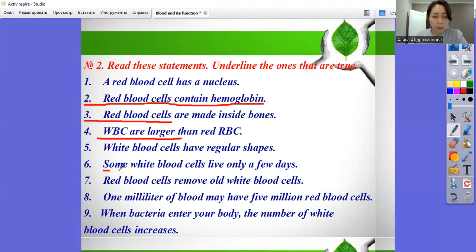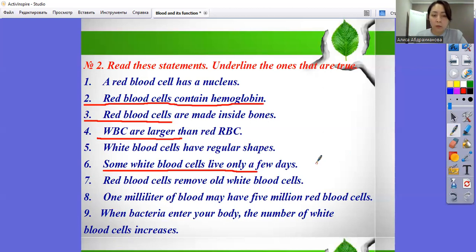Я, олар тек қана біраз күн өмір сүреді, я? 13 күннен 20 күнге дейін деді жаңа. Red blood cells remove old white blood cells. Яғни қызыл қан жасушалары ақ қан жасушаларын жояды дейді. Бұл дұрыс емес, керісінше ақ қан жасушалары қызыл қан жасушаларын жояды.